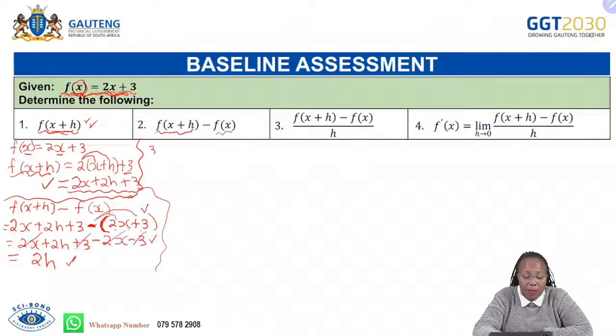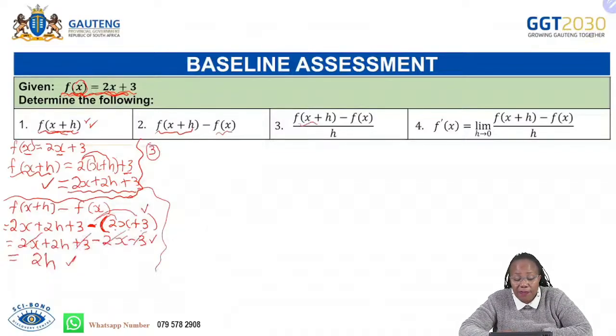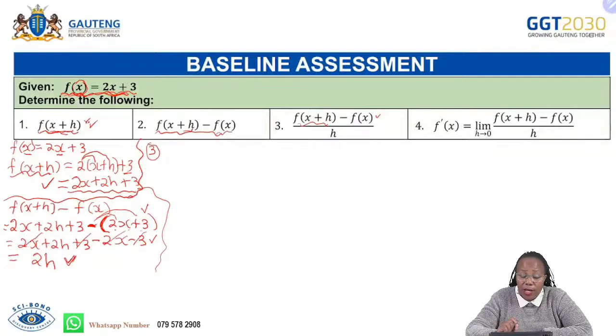And then look at number 3 now, we are continuing. Number 3 is saying take f at x plus h, which is the answer for number 1, minus the f at x, that is the answer for number 2, which is 2h that we have just calculated. The top part there, we have already calculated and have the answer being 2h. And then they are saying take that answer, f at x plus h minus f at x all over h.